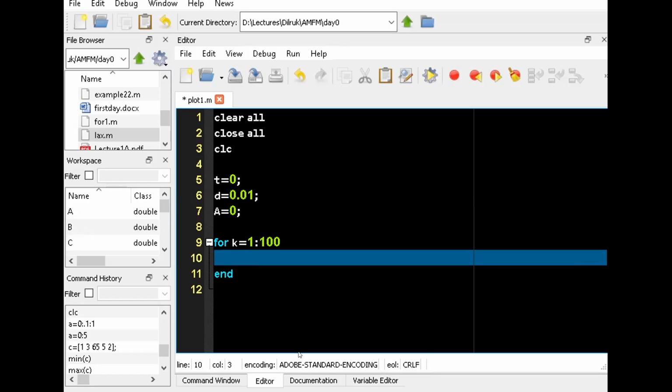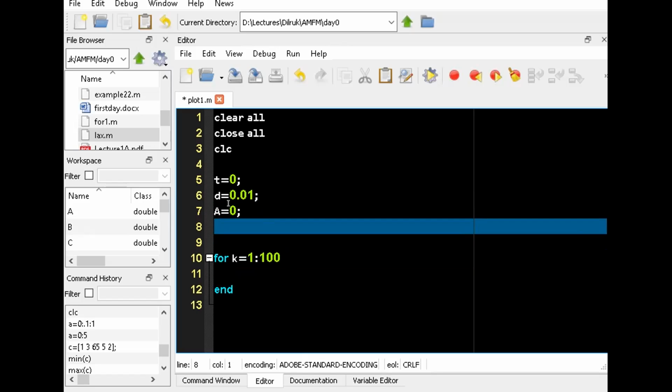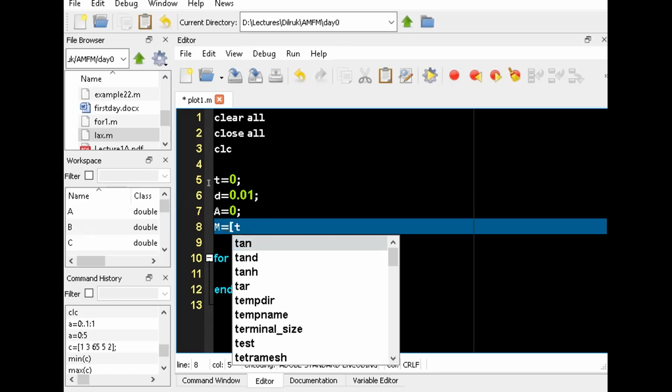Before that, I will put these two data into a matrix. If you deal with a matrix, it would be easy. I put the independent variable and dependent variable into this matrix. The first column has the independent variable t, whose value is 0.